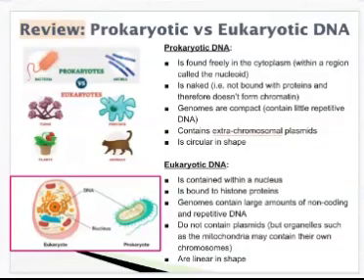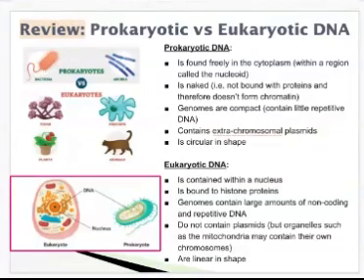And a little fun fact, pro meaning before and karyotic nucleus. So this is an organism that does not have a nucleus. So generally, there's always exceptions to the rules. So prokaryotic DNA is found freely in the cytoplasm, is circular in shape, and may contain extra chromosomal plasmids.